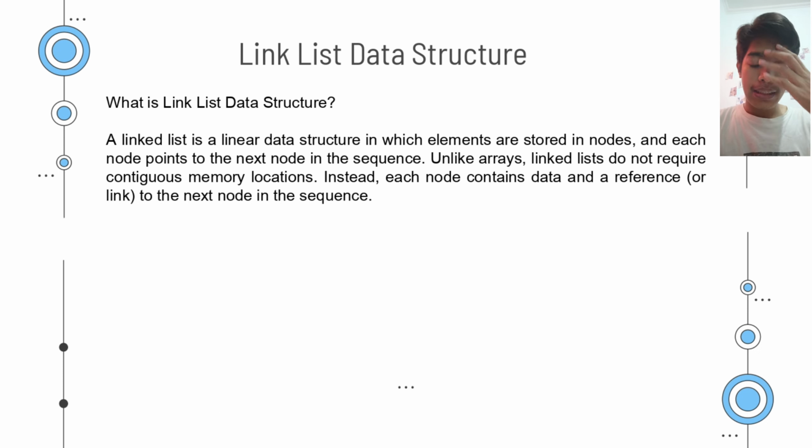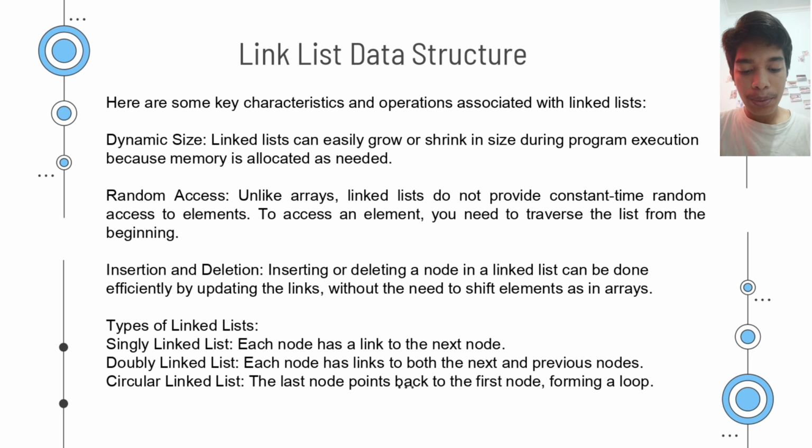So this is about linked lists, and we go next to operations. Okay, here are some key characteristics and operations associated with linked lists. Dynamic size: linked lists can easily grow and shrink in size during program execution because memory is allocated as needed.